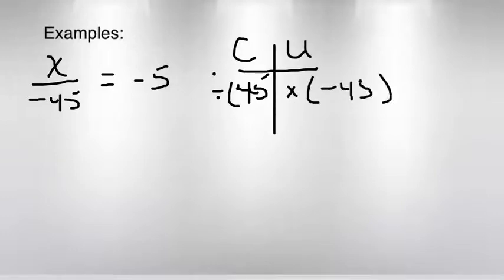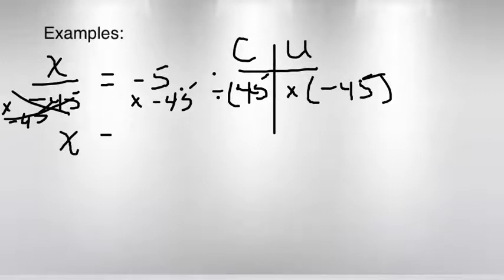I'm going to do that to both sides of the equation. So I'm going to multiply times negative 45 and times negative 45. These cancel out, leaving me with x equals, and a negative times a negative gives me a positive, so I'm going to get a positive 225.